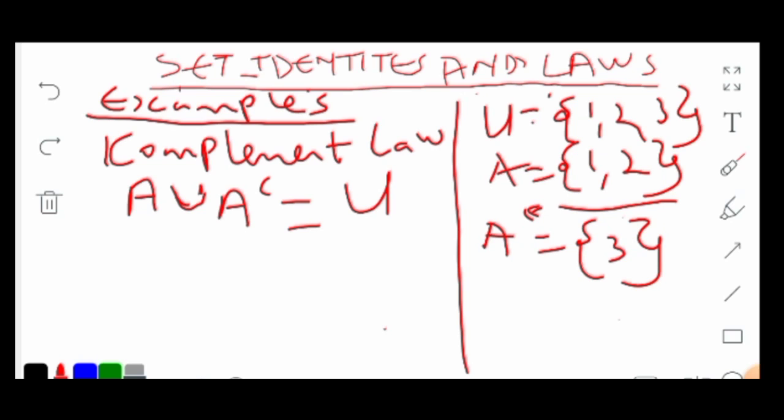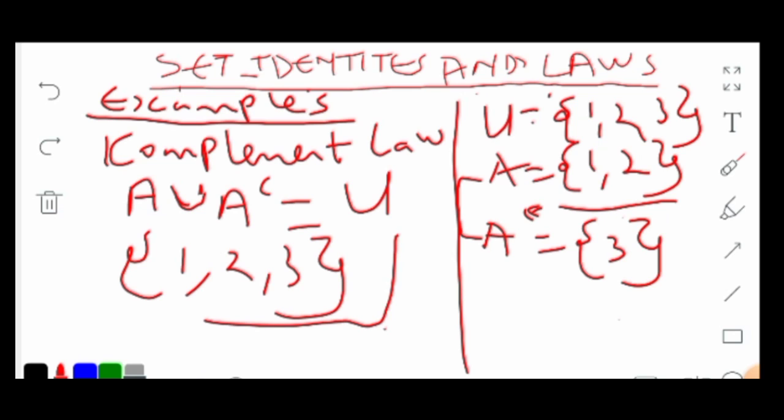So now let's join it together. We already have A and we have A complement. So if they marry each other, our answer is going to give us {1, 2, 3}. So this {1, 2, 3} is equal to the universal set. Yes or no? Yes. So A union A complement will give us the universal set.